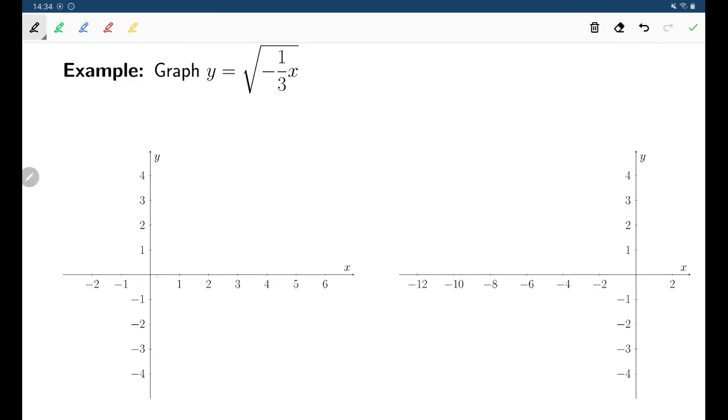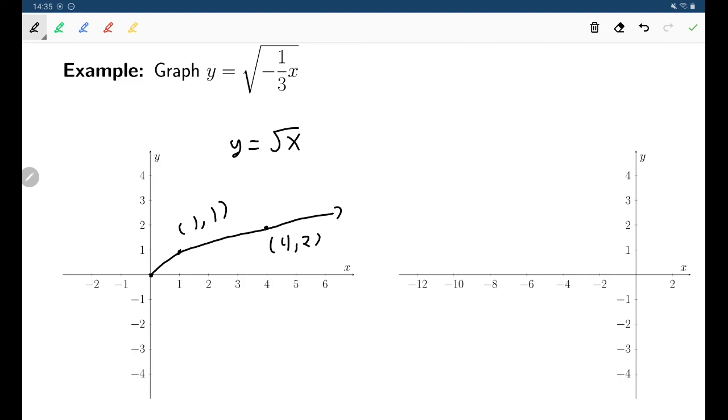For the graph of y equals root of x, we know its nice 3 points, 4, 2, 1, 1, and 0, 0. And now for y equals root of -1/3 x, with the x inside the square root, like I said, we're going to take every x coordinate and divide it by -1/3.